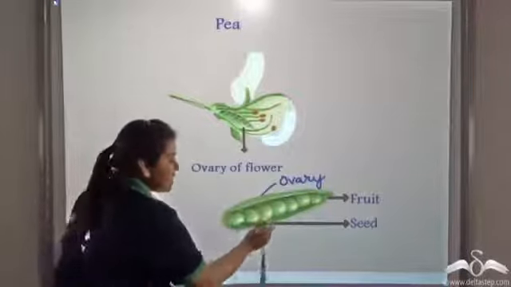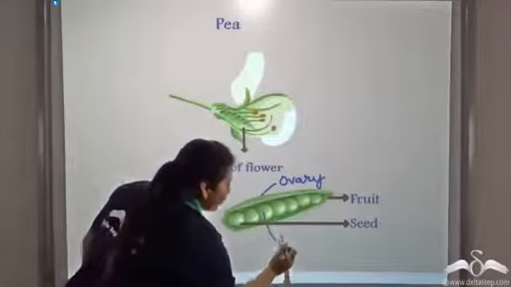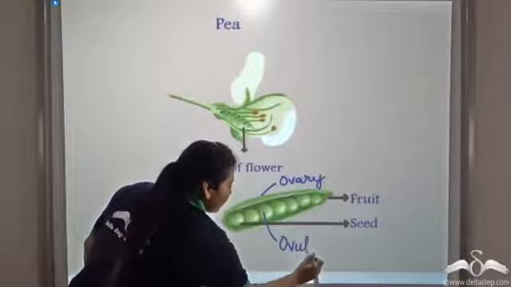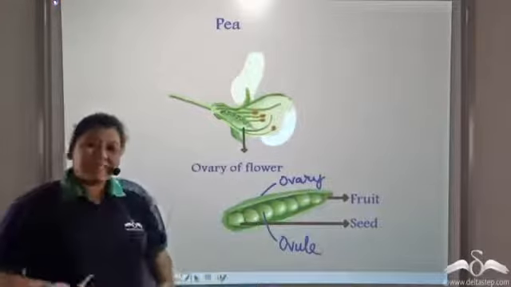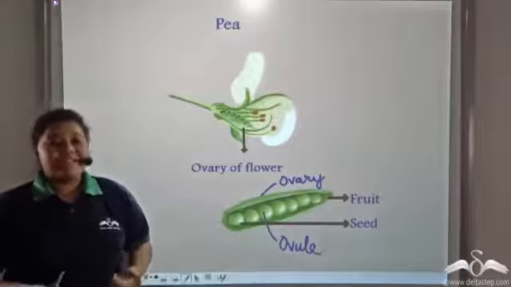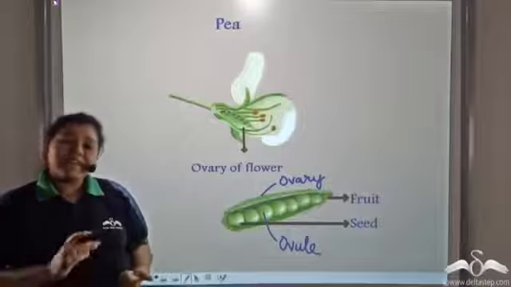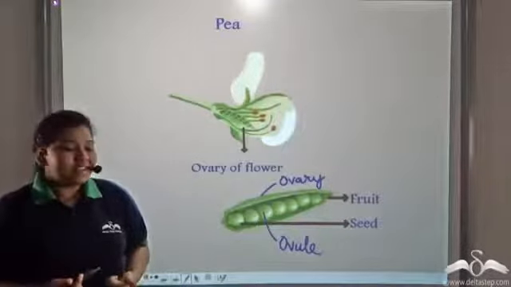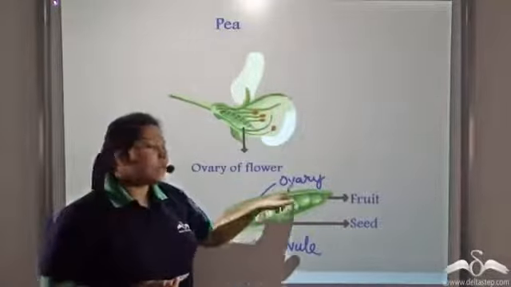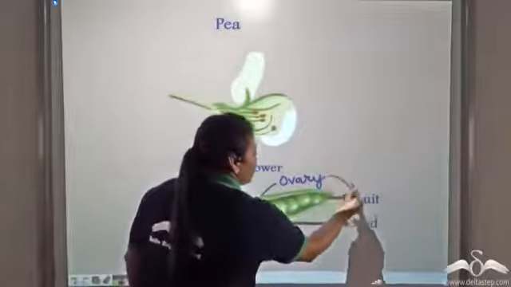So this is a converted ovule. Hence it is proved that after fertilization, the ovule converts into a seed and the ovary converts into the fruit.